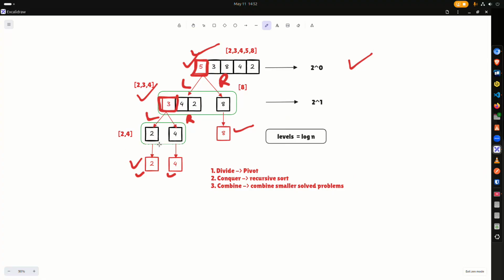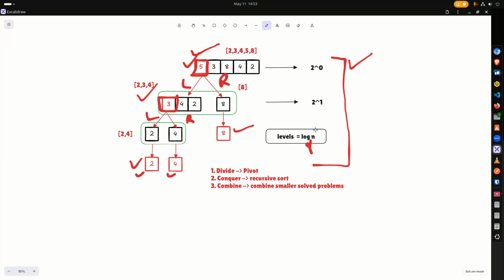If we have more problems underneath, there would be 2 raised to 2, 2 raised to 3, and so on. So basically the height of the tree is log base 2, because it's 2 raised to 1, 2 raised to 2, and so on. So the number of levels or number of calls you get is log of n base 2.